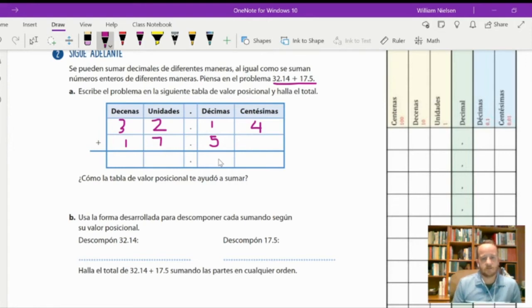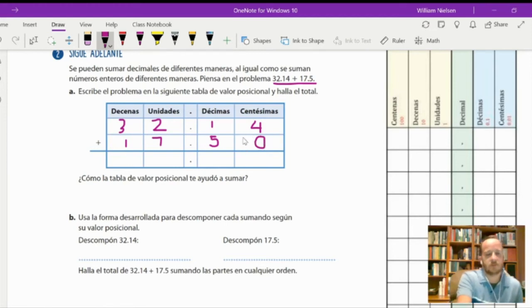A ver, les voy a dar un truco. Algo que yo hago, ¿ok? Para que eso sea más fácil. Puedo agregar un 0 aquí. ¿Ok? Porque para mí eso se ve extraño, que no hay un número ahí. ¿Ok? Entonces, si quieren, pueden agregar un 0 ahí, no va a cambiar nada. ¿Ok?